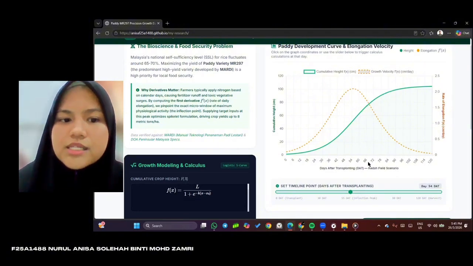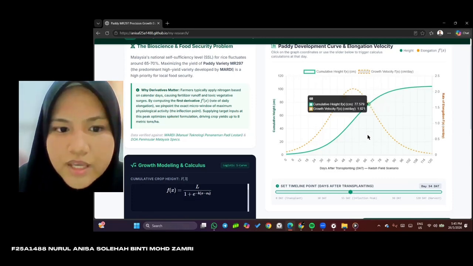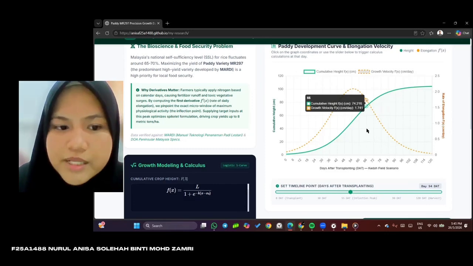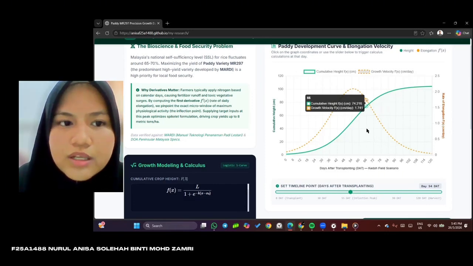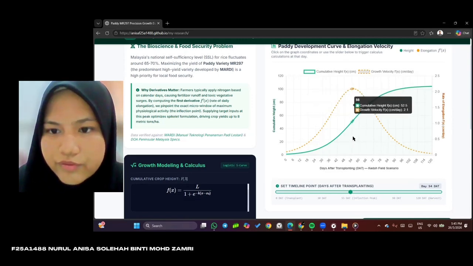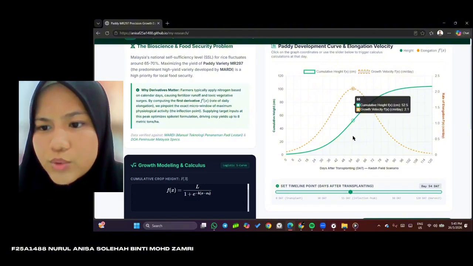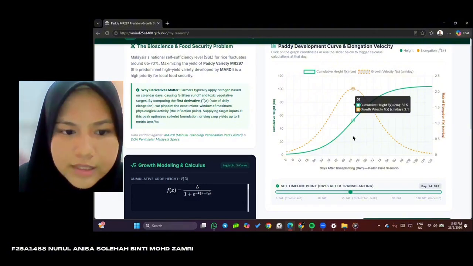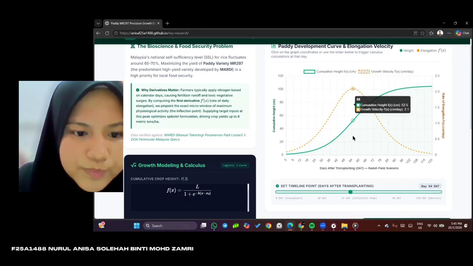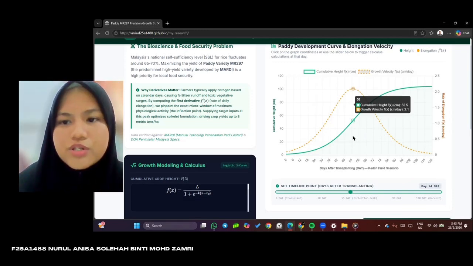The plant hits its mathematical peak, where the cumulative height is 52.5 cm, and the rate of elongation reaches its absolute maximum at 2.1 cm per day. We can see here at day 55, the growth velocity reached 2.1 cm per day. So, this is our golden target for premium nitrogen application.